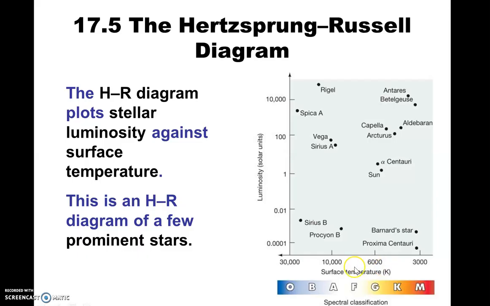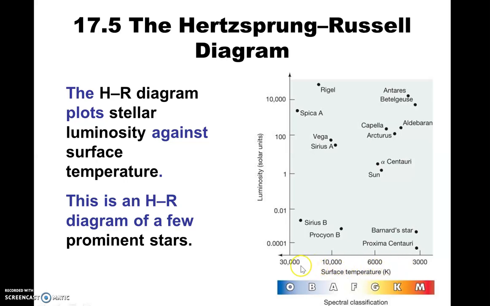Now it's a little different than the normal horizontal axis, where x is increasing to the right, but what we're looking at is the temperature of stars, and the temperature is actually going down towards the right.